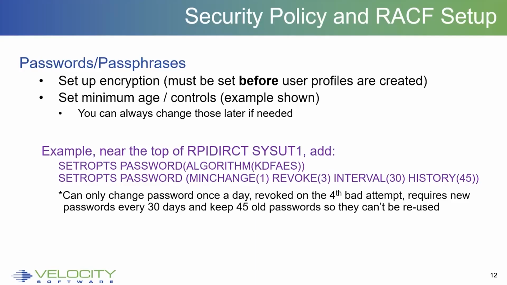For example, in the RPI direct SYSUT1 file that's produced in that utility, you can set the password with the algorithm to use for encryption, and also set the rules for the passwords or passphrases as far as the minimum number of days, how many changes can be done per day, how many invalid attempts it takes to revoke access to that user ID, the expiration interval, and how much history is kept to compare against old passwords when they're putting in a new password.